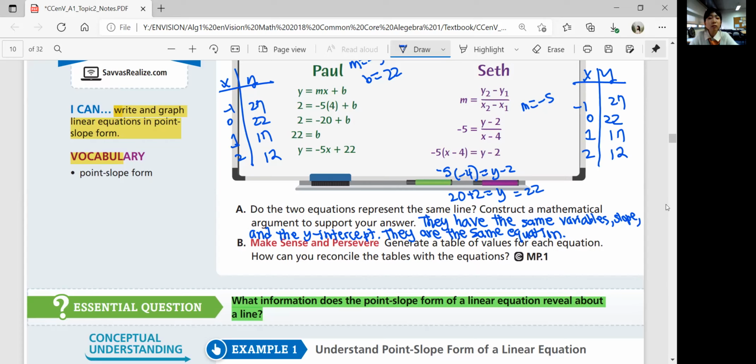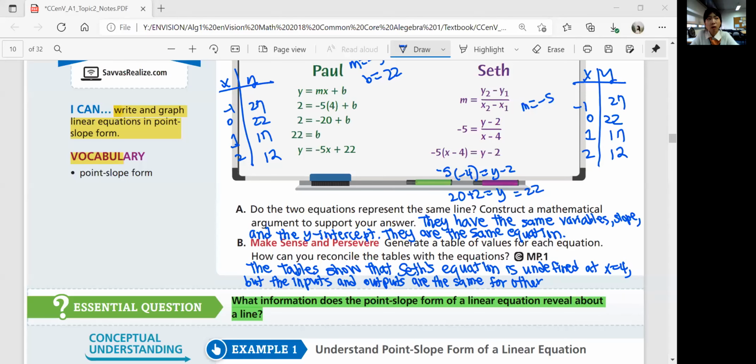Okay. So let's write that down. The tables show that Seth's equation is undefined at x equals 4, but the inputs and outputs are the same for other values.